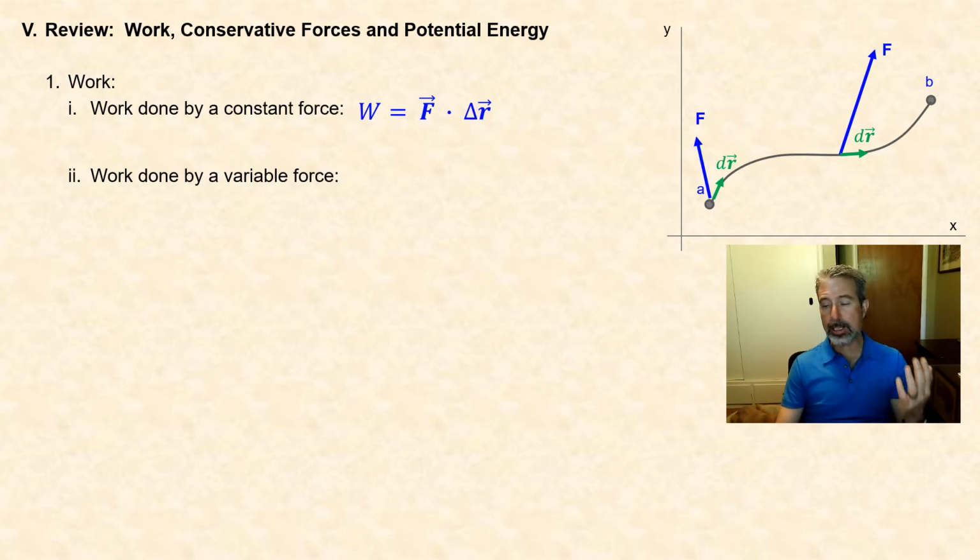Then we can calculate the infinitesimal amount of work done for each of those infinitesimal displacements, and then sum up all of those work contributions, simply add them up to get the total work done.